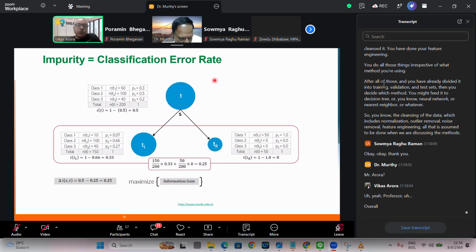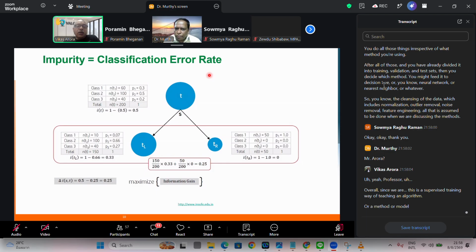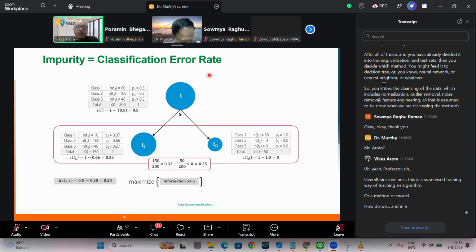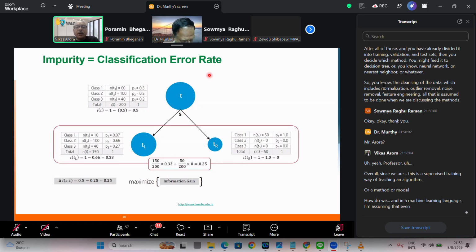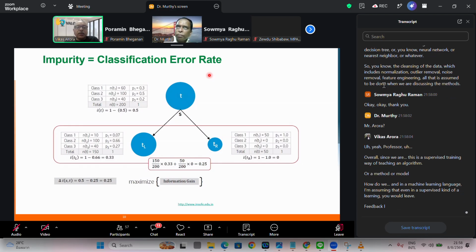since this is a supervised way of teaching an algorithm or a model, in machine learning language, I'm assuming that even in supervised learning, you would have a feedback loop and the model would be learning again and again.